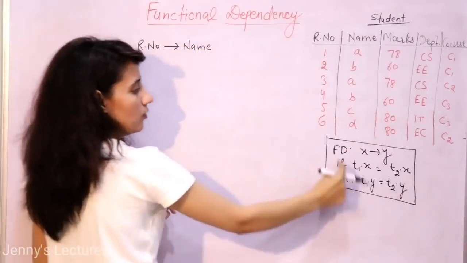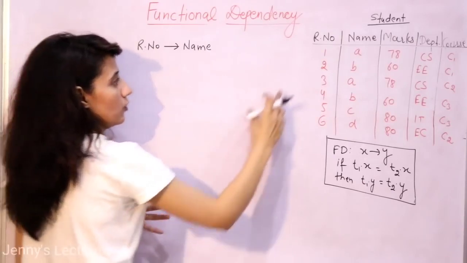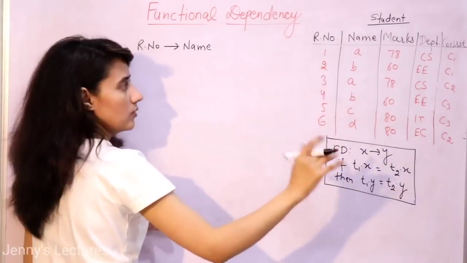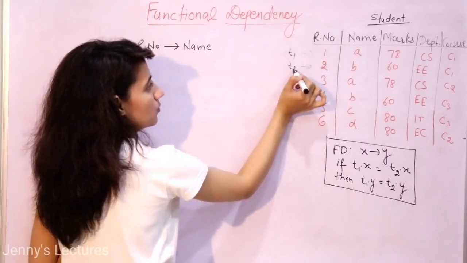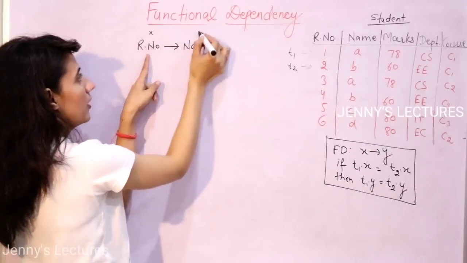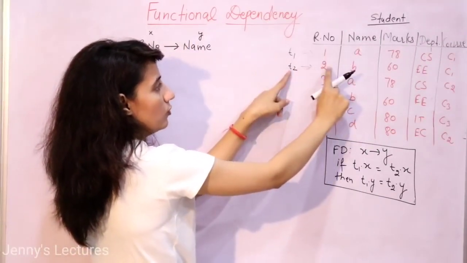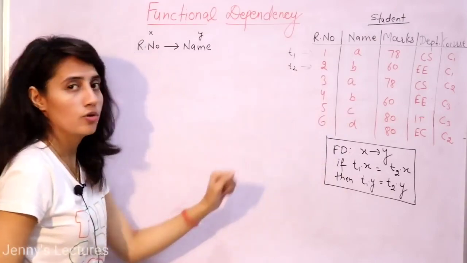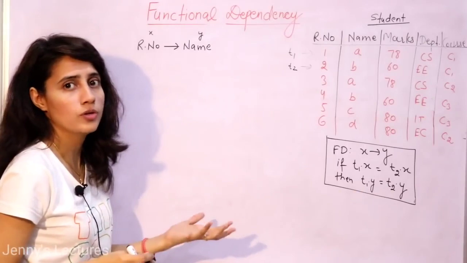Now check with the help of the formula we have derived. Check any two tuples, right? First of all, I am taking this tuple and this tuple, t1 and t2. t1 dot x, here this is x and this is y, right? The value is 1 and the t2 value is 2. So this condition is not true. Do we need to check the other condition? No, we don't bother.